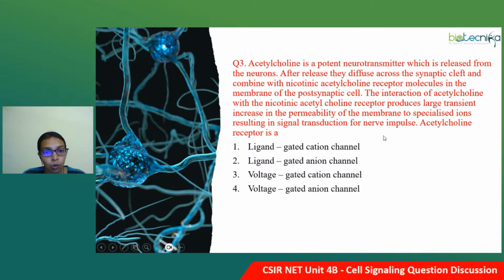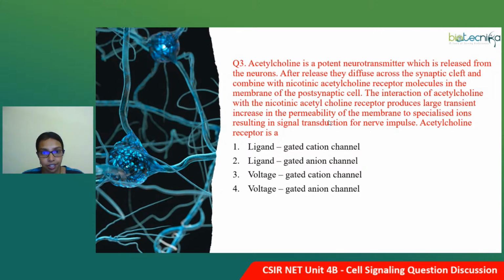So acetylcholine receptor by nature is what? Ligand-gated ion channel, ligand-gated anion channel, voltage-gated cation channel, or voltage-gated anion channel. This is a 4 marks question.